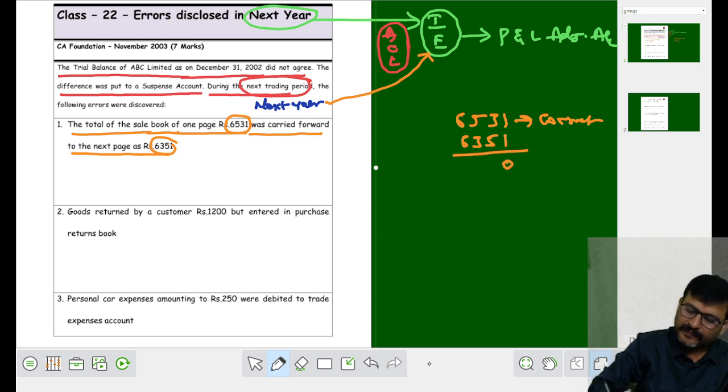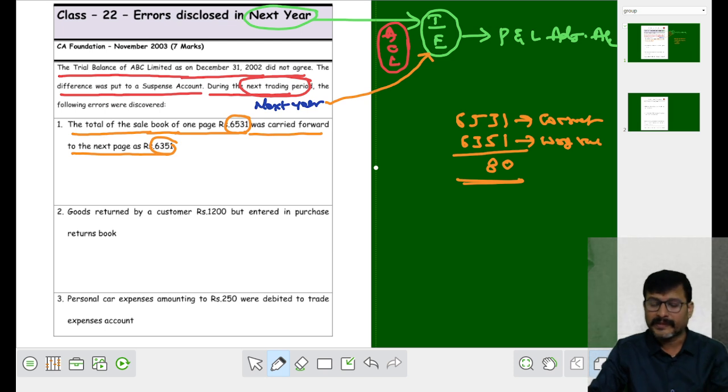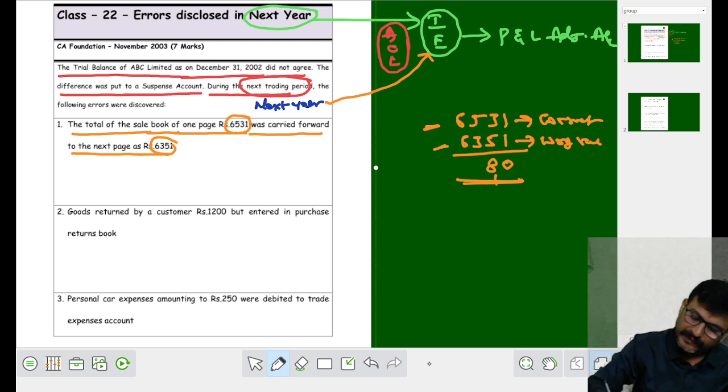What is the difference? 180 rupees. This is the wrong value. Instead of recording 6,531, they have recorded 6,351. What happened? This is called under cost, under record.